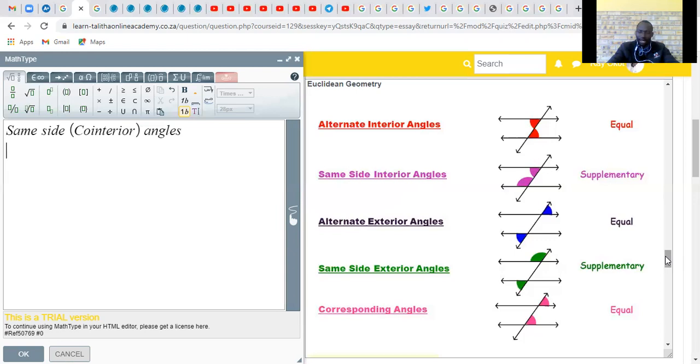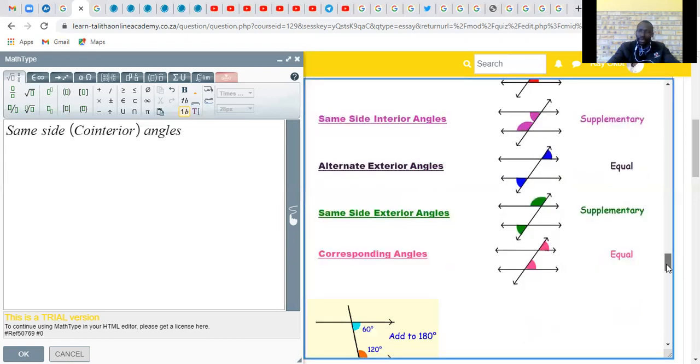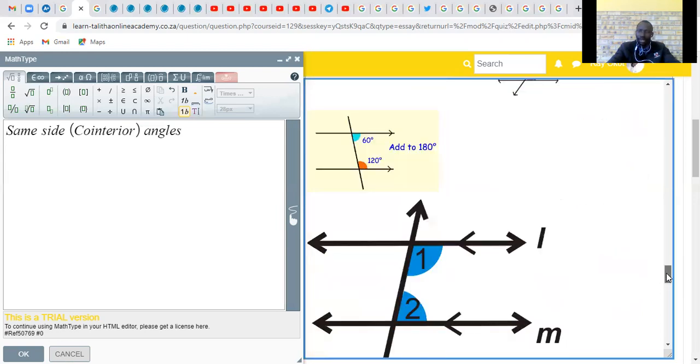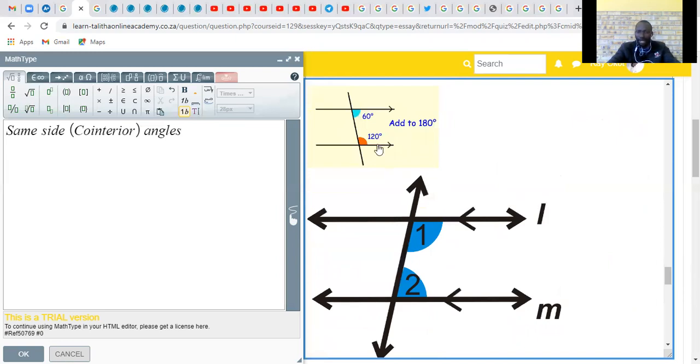And the activities are right here. This is, for example, the first activity. Notice that this angle is 60 degrees and this other one is 120 degrees. What is interesting is that all of them are on the same side, and so we also call them same-side angles. As you can see, this 60, when you add it to 120, you get 180 degrees.